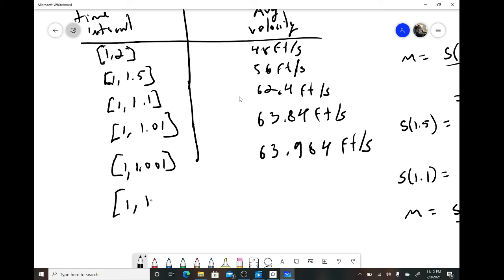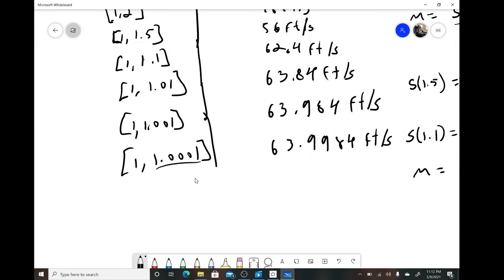And if I were to go one more decimal expansion closer to 1, if I make this number smaller, then I will get 63.9984 feet a second. So as we could see, the closer we're getting to 1 second, the closer we're getting to 64. Notice we began with 48, then 56, 62, 63, 63, 63. And now it's getting very, very close to 64.